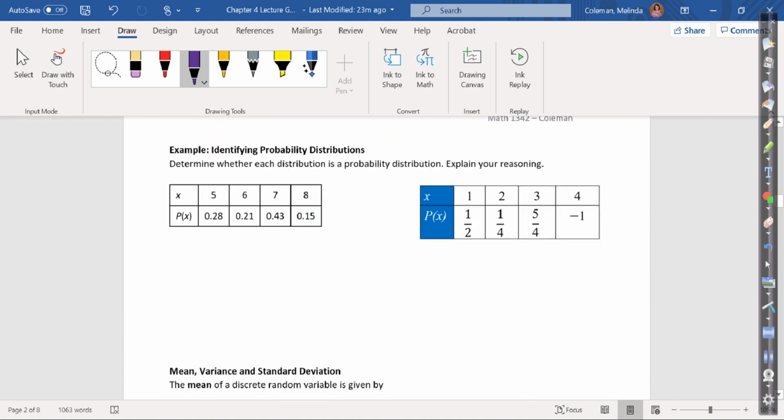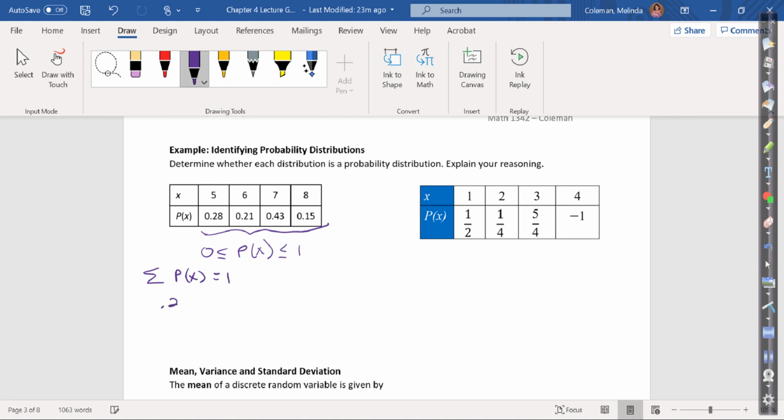So how about these next two? Are they or are they not probability distribution functions? Well, first, are all of the probabilities between 0 and 1, is P of x greater than or equal to 0 and less than or equal to 1? And that's true. And then the next question, does the sum of all the P of x's equal 1?